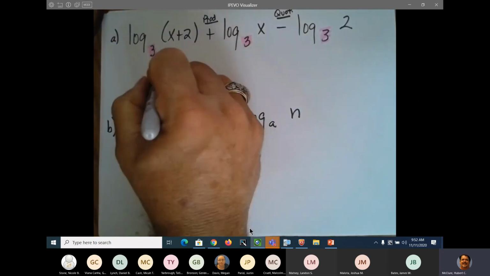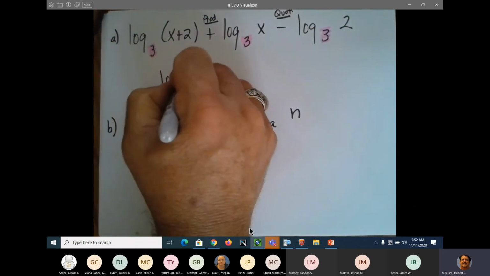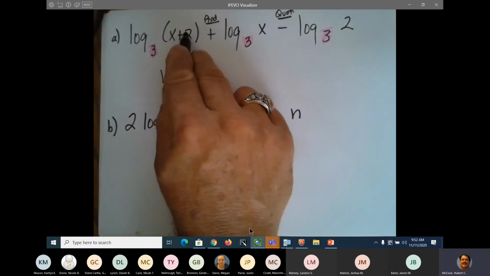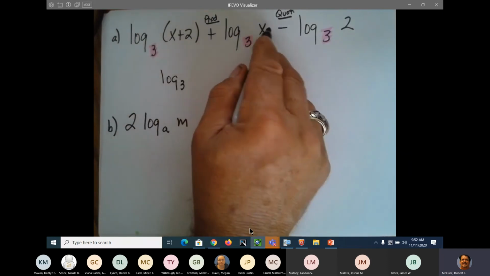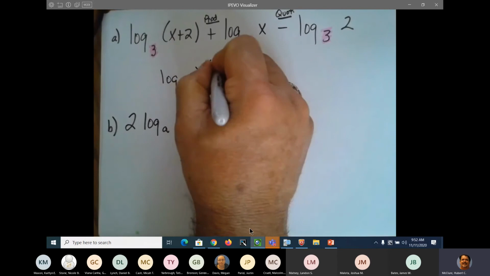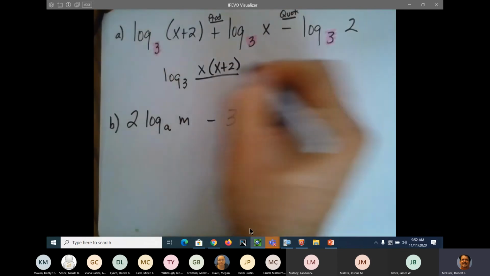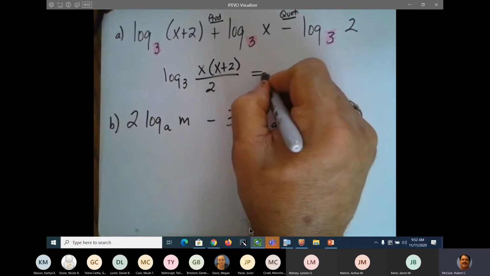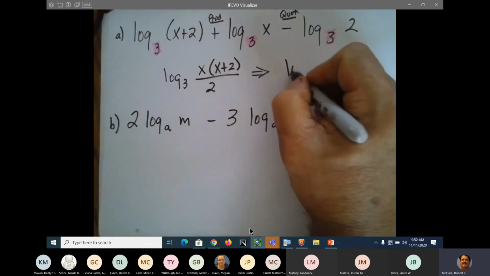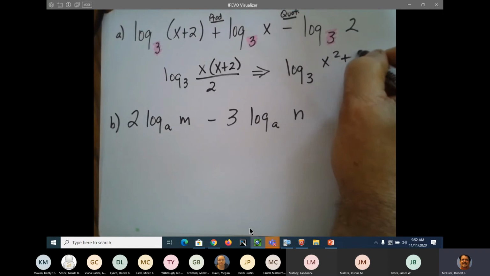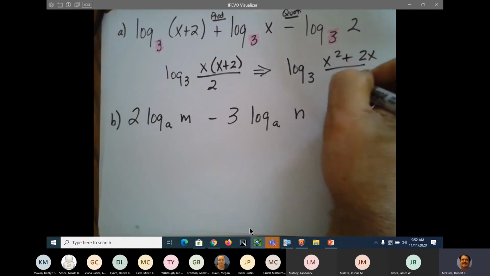So log base 3 of x, this parentheses times that. So x times x plus 2 over 2. And that can be simplified as log base 3 of x squared plus 2x over 2.